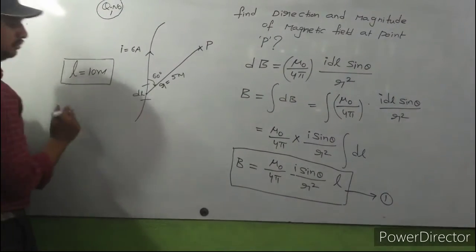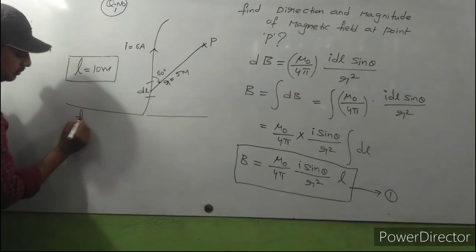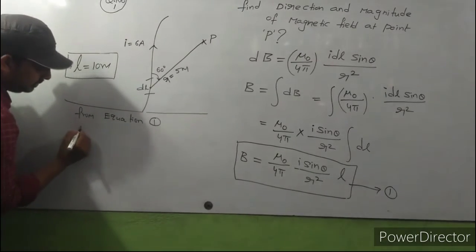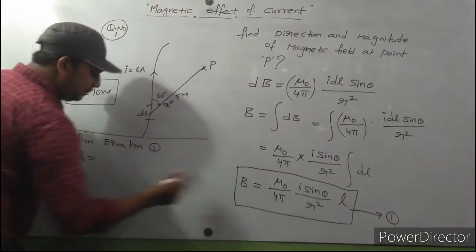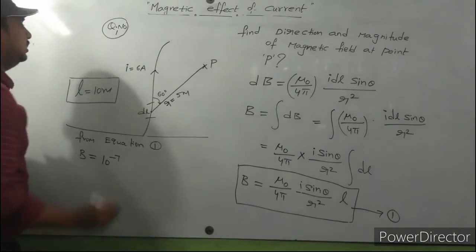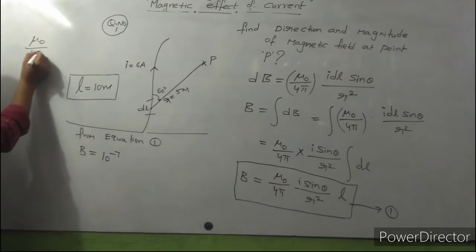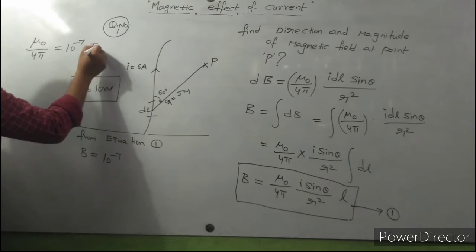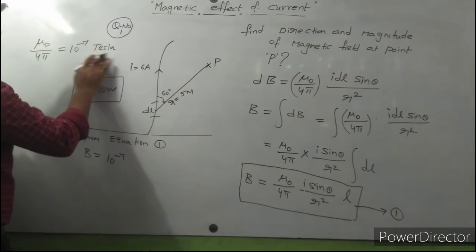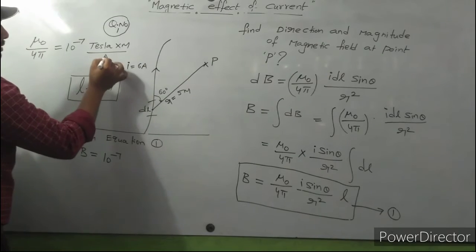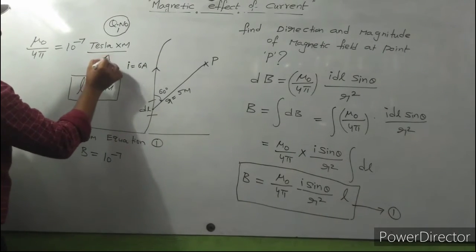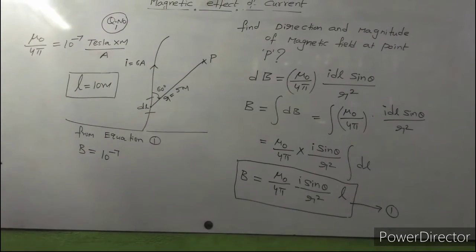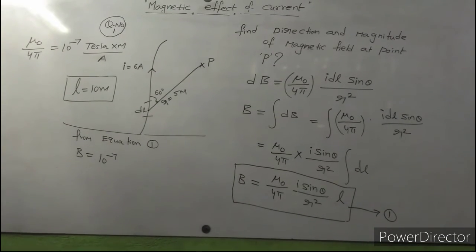From equation 1, B is equal to mu naught by 4 pi, whose value you already know is 10 power minus 7 Tesla meter per ampere.